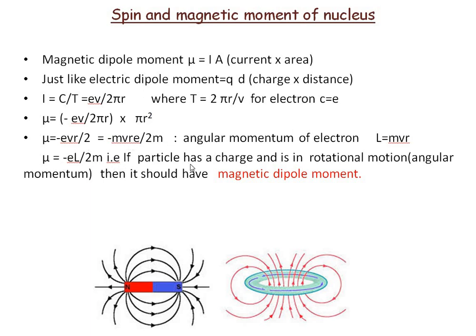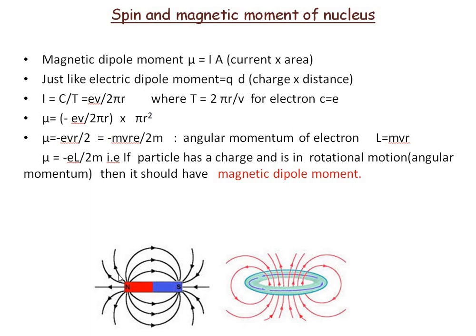If a particle has a charge and it has an angular momentum, then this particle should have a magnetic dipole moment. So the magnetic dipole moment arises because of the charge and its angular momentum. If a particle has a charge and is in a rotational motion, due to the rotational motion the particle will get an angular momentum. As a result of this, a magnetic dipole moment arises for that particle.